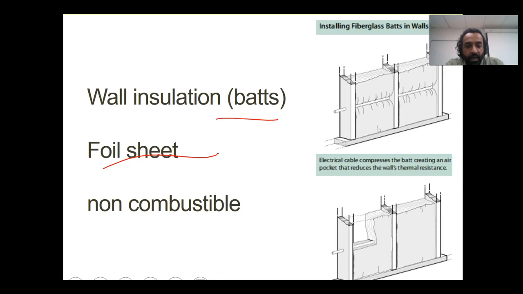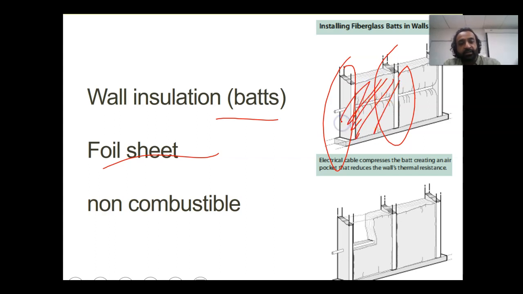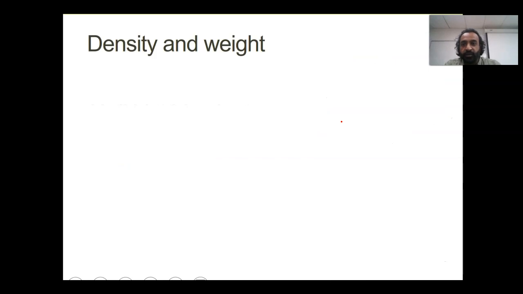Some of them have a certain way to be packed, a certain density and certain thickness, so you want to be aware of that. These are used between studs to fill this cavity. Some of them can be cut, then wrapped with plastic, or some of them require you to have some kind of facing. So density and weight.